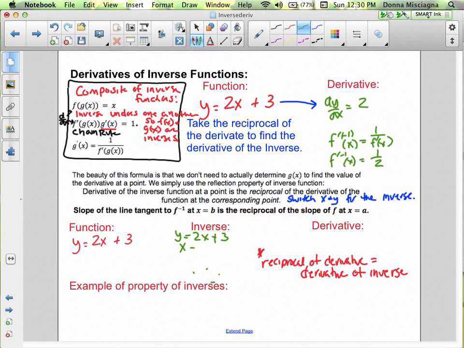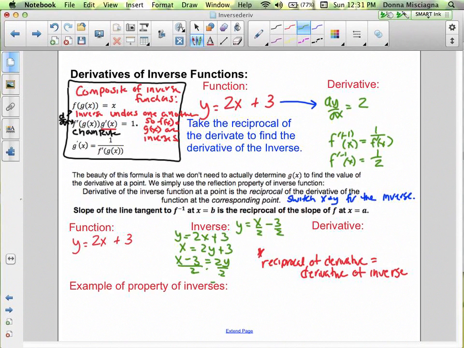So this would be x equals 2y plus 3. We're going to subtract 3 from both sides. x minus 3 equals 2y. And then divide everything by 2. So the inverse of this function is y equals x divided by 2 minus 3/2.